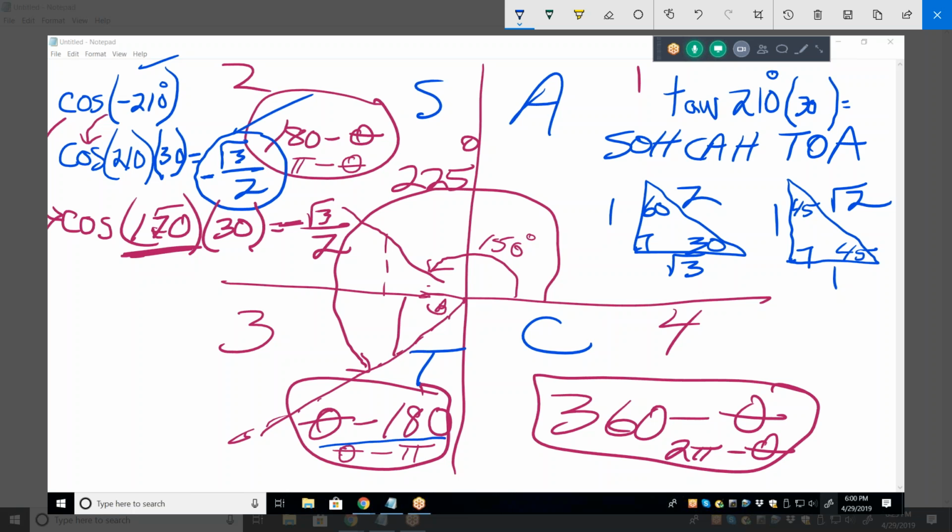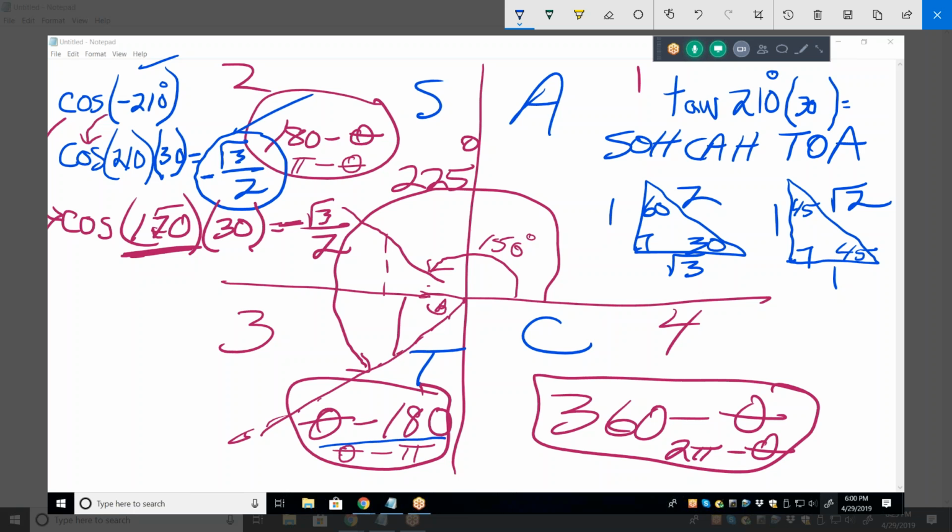I have a lot of stuff on there that you don't need to memorize, like these red circles in the middle. But these two triangles, SOHCAHTOA, ASTC, and these formulas that I have circled in the various quadrants, memorize everything that you see there, and you'll be able to figure out all of these.